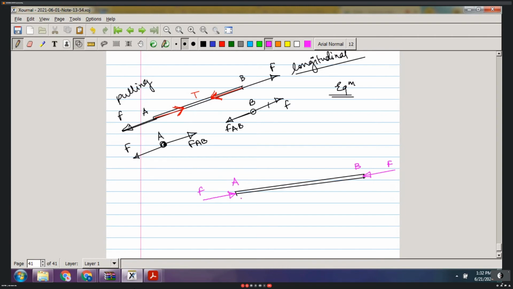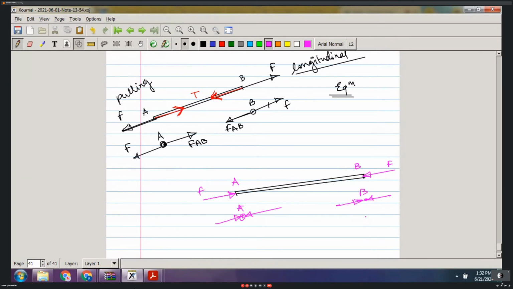Obviously it will try to get compressed, and to balance that, if I draw the free body diagram of A, my external F must be balanced by an internal force. At B also, my external pushing force must be balanced by an internal pushing force towards this point B.